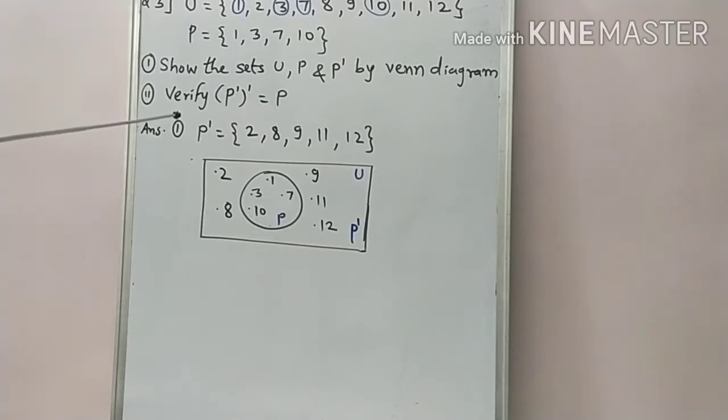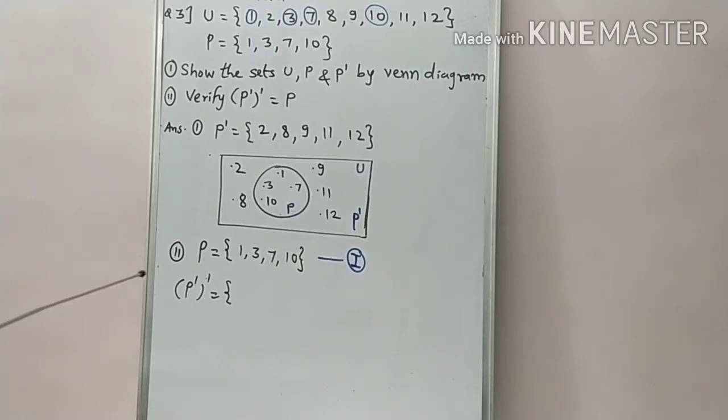Then the second part is what? We have to verify that complement of complement P equals what? P. So what we do here, now, first we write down set P, the elements 1, 3, 7 and 10, which is in the given part, and number it as 1. And we write down complement of complement P, meaning what?